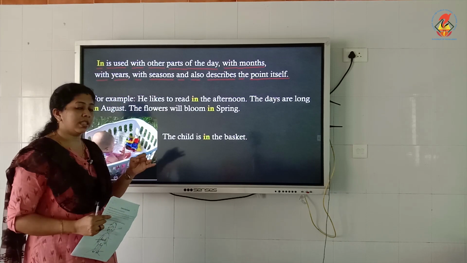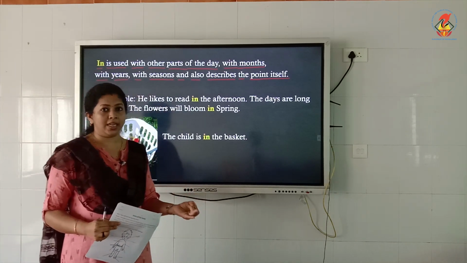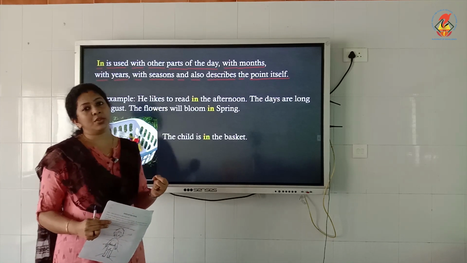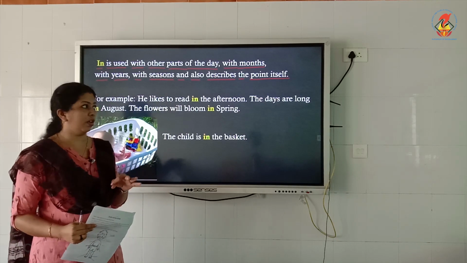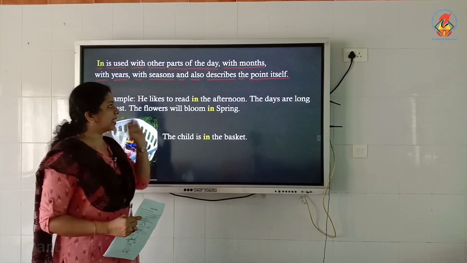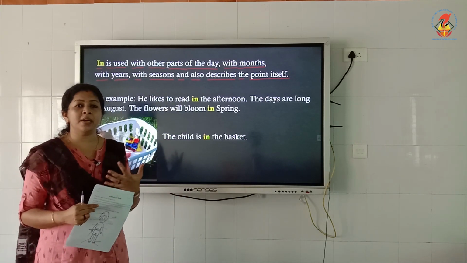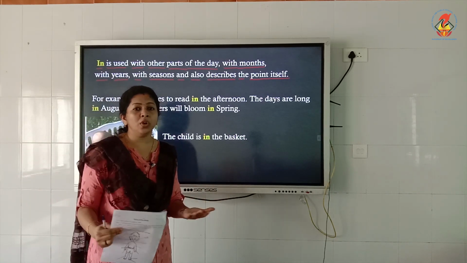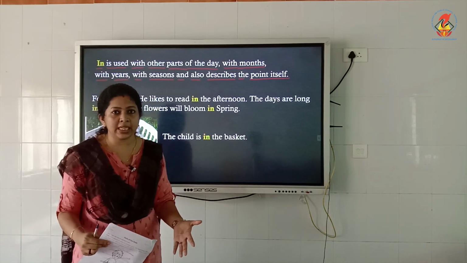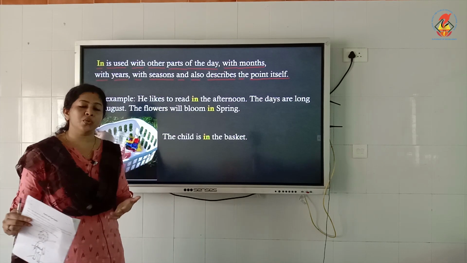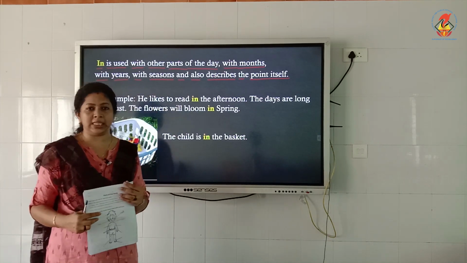With years, varshangal, 2020, 2019, in 2020. So in is used with year also. With season, which are the seasons? Winter, summer, then what? Rainy. These are seasons. Now we are in which season? Yeah, we are going towards winter season. Isn't it? December, November, all winter seasons.